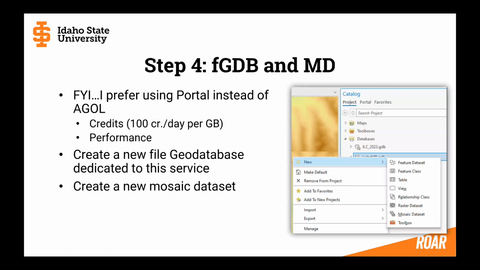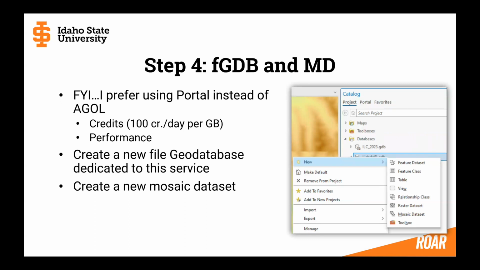So now we're on step 4. We're jumping into ArcGIS Pro, and we're creating a file geodatabase, fGDB, and Mosaic dataset. Now, by the way, I prefer using Portal for this sort of work instead of ArcGIS Online.